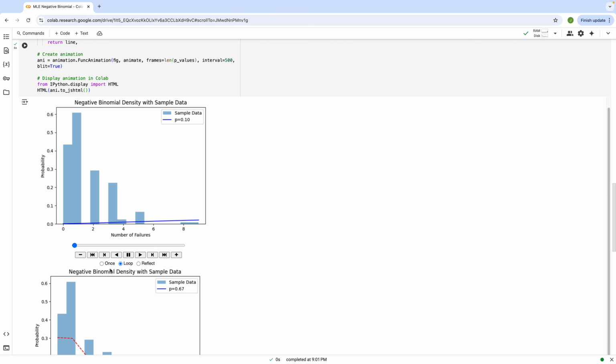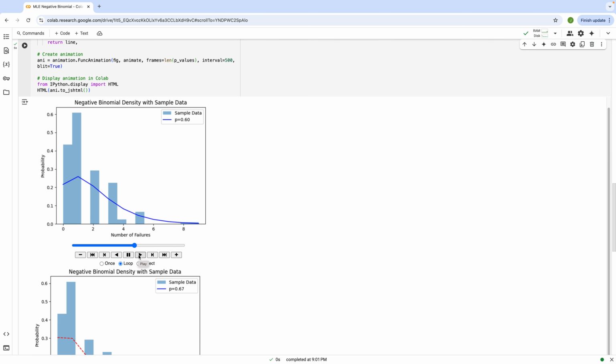Now, this is a little movie we made, just showing the graph of the distribution versus the different parameter values. So this is p equals 0.1. And the question is, what parameter should we choose for this negative binomial distribution that would have this same shape and be consistent with this data for this graph? So let's play it.